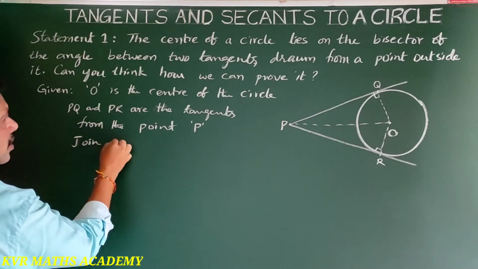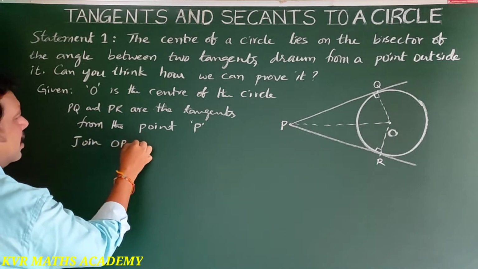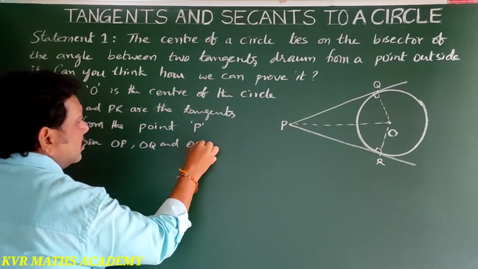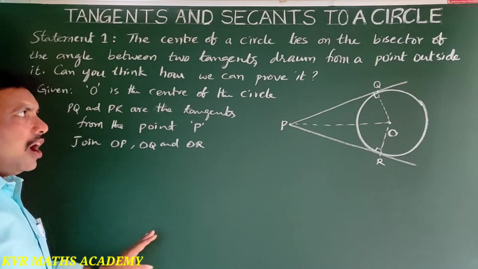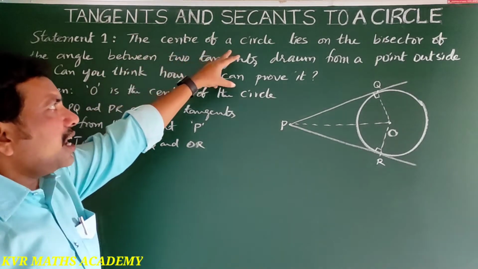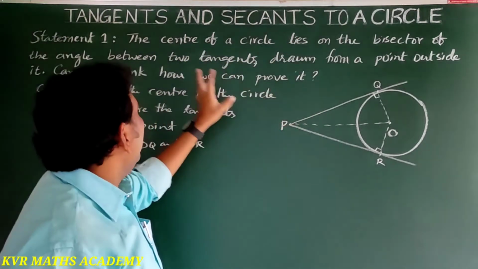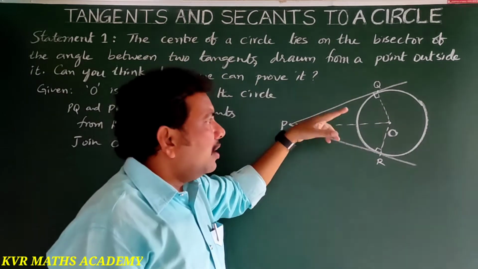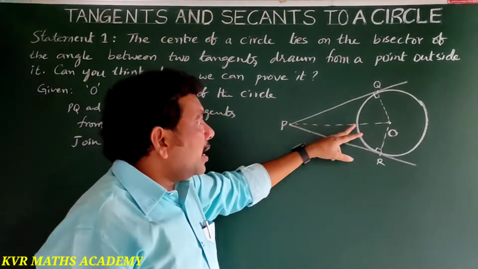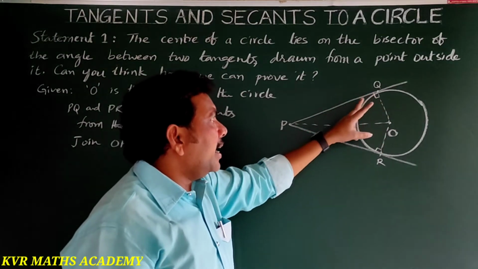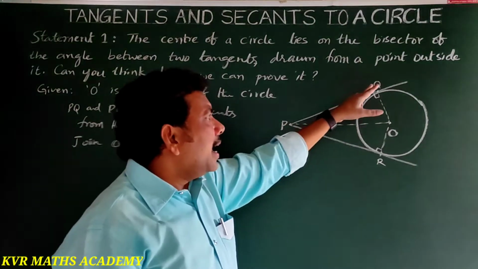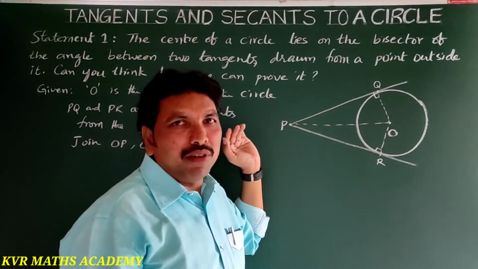Join OP, OQ and OR. So what do we have to prove? The center of a circle lies on the bisector of the angle between two tangents, which means OP bisects angle QPR. We have to prove this.